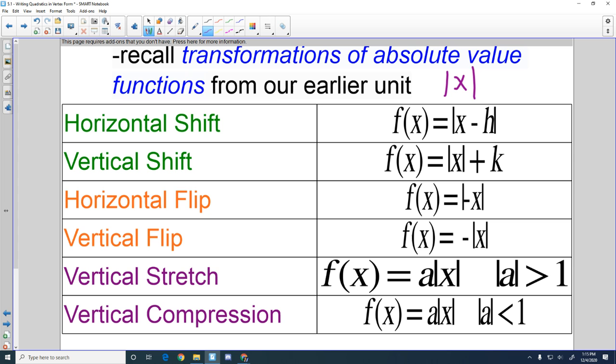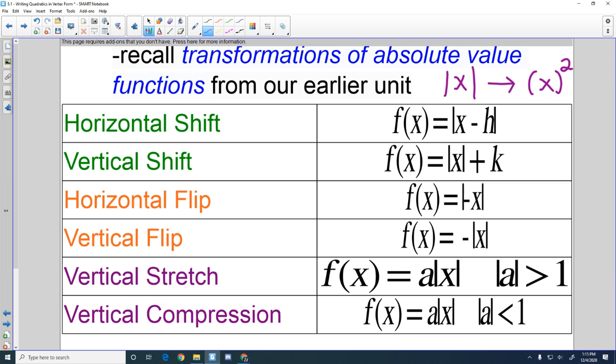Instead of having that as the grouping symbol, for quadratics it's going to be a parentheses with a square outside of it. That's essentially replacing the absolute value. Otherwise, every other rule is exactly the same as we had for the absolute value.